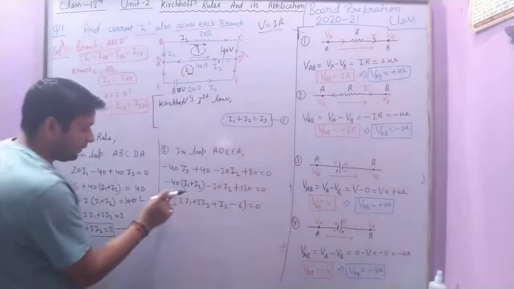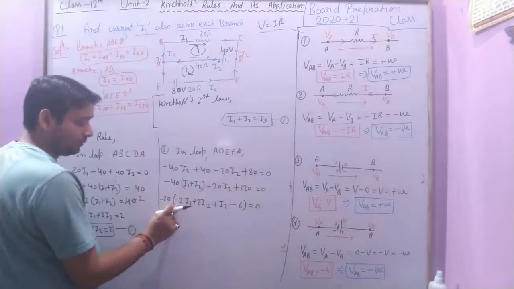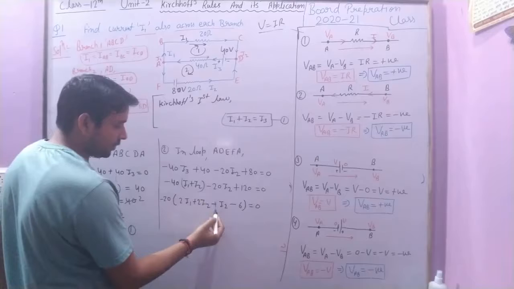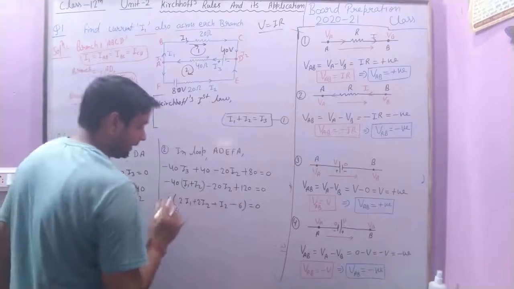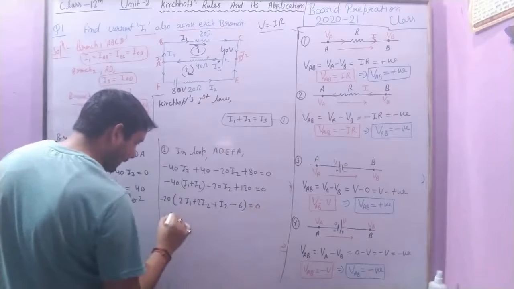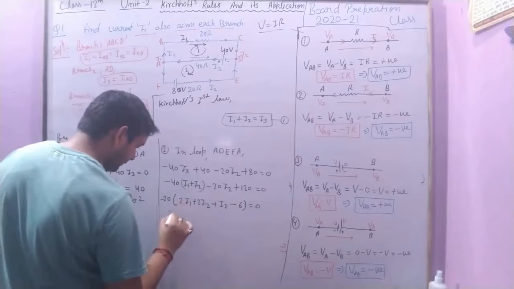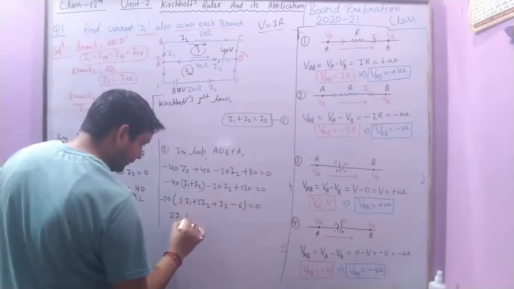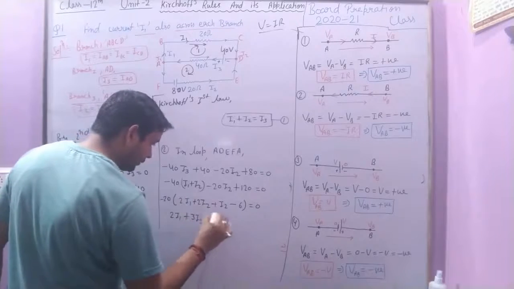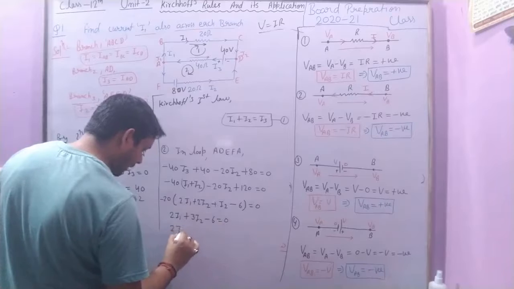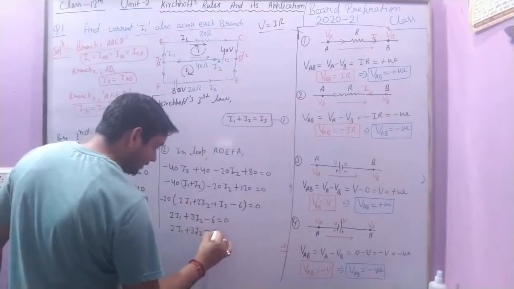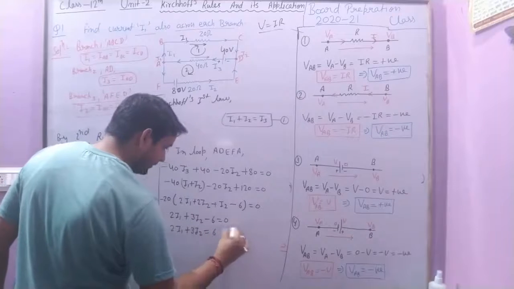Okay, by taking 2 as common and multiplying inside, minus becomes positive. Then this is transferred here and we get 2I1 plus 3I2 minus 6 equal to 0, so 2I1 plus 3I2 equal to 6. This is your equation second.